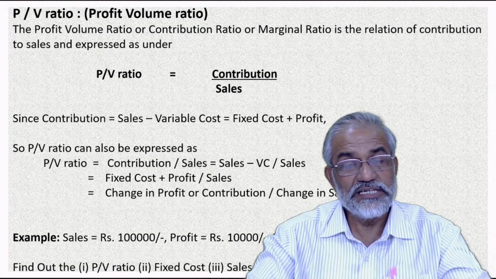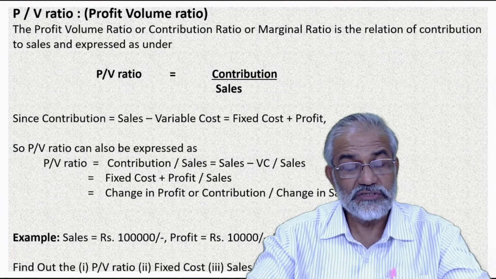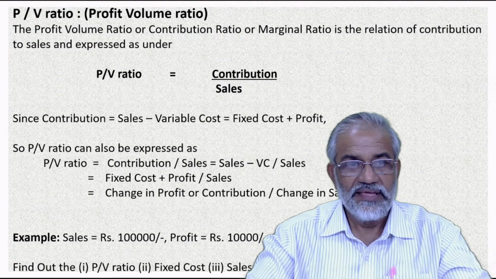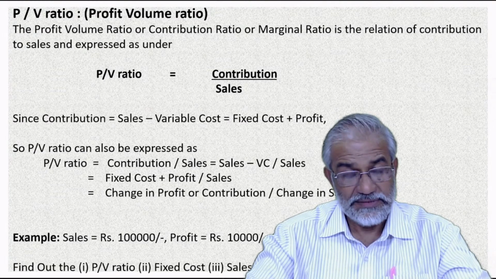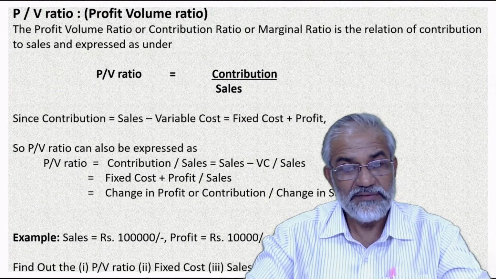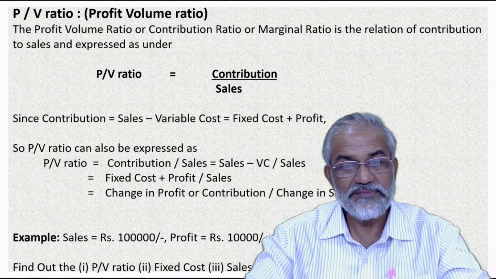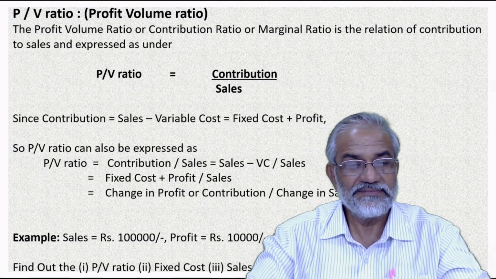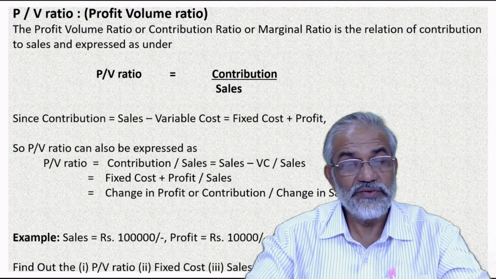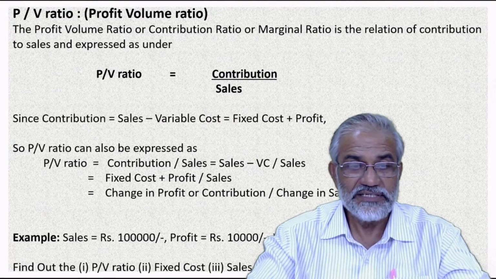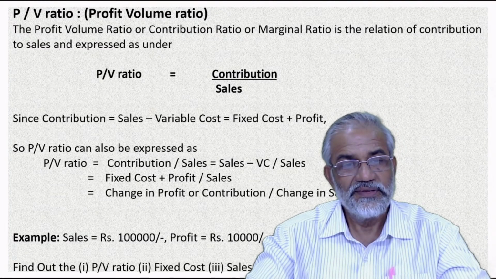Since contribution is equal to sales minus variable cost, or fixed cost plus profit, the PV ratio can also be expressed as contribution divided by sales, which is sales minus variable cost divided by sales. In other words, fixed cost plus profit, the whole divided by sales, is also the PV ratio.